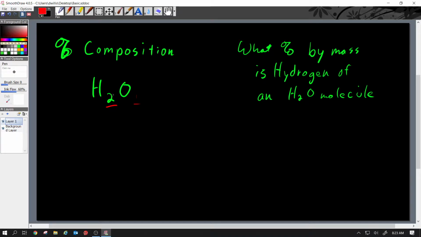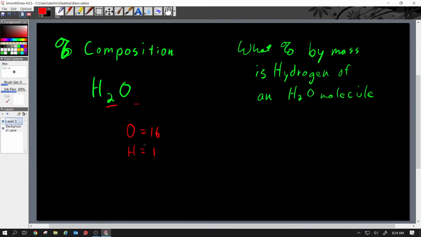Yeah, but it's definitely not true by mass because, you guys remember, oxygen has so much more mass than hydrogen does. What's the mass of oxygen? Look on your periodic table. 15.999. Yeah, 15.999. So if we rounded to a whole number, we would say that oxygen is 16, hydrogen is 1.